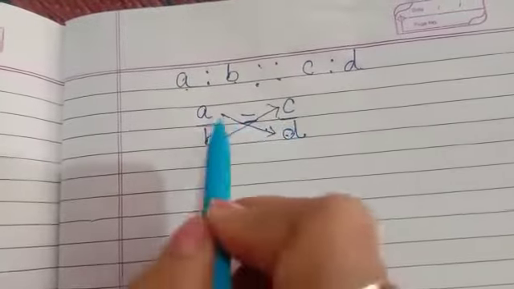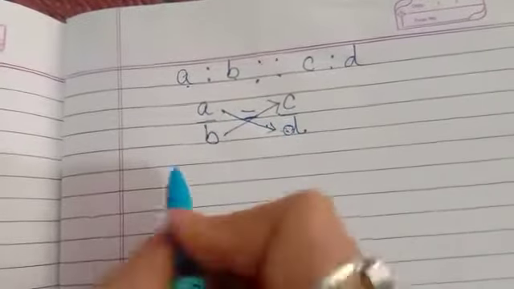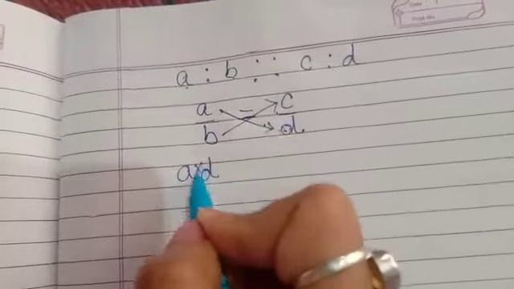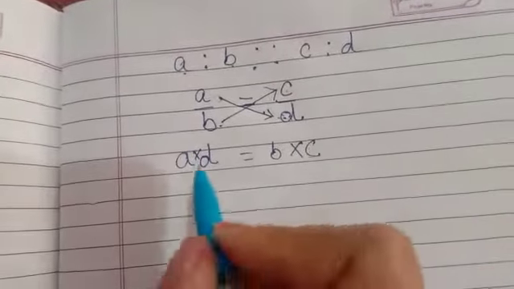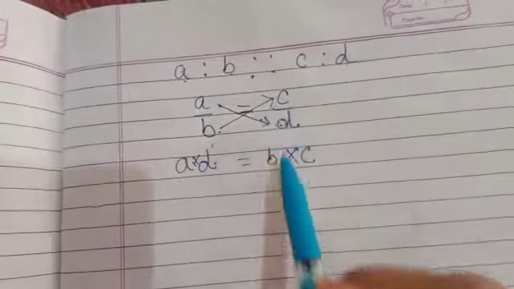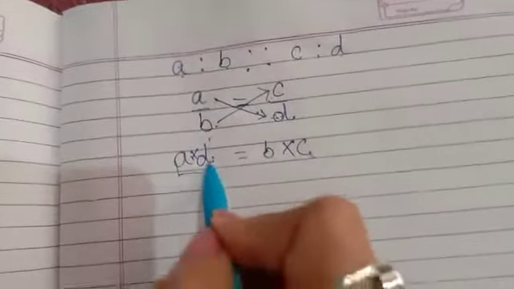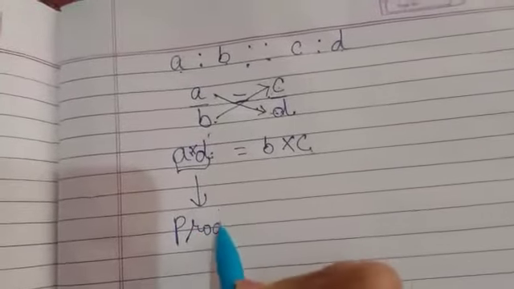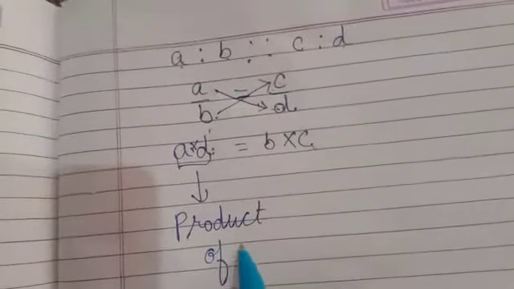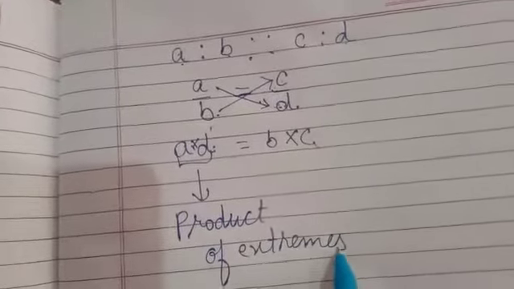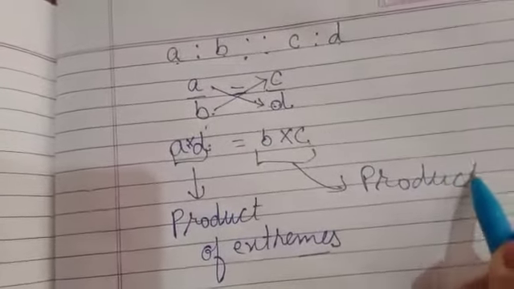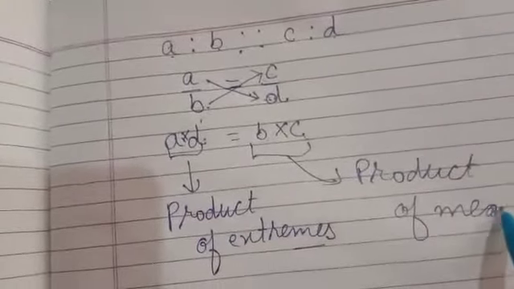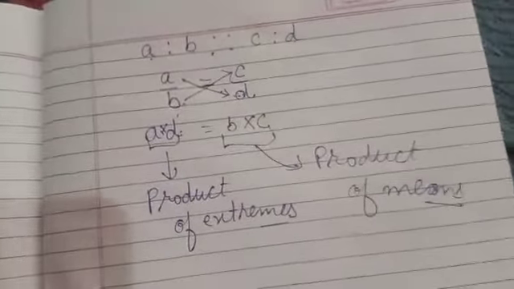A is going toward D, then multiply both these terms. A into D is equal to, multiply these two terms, B into C. From here you can see that A and D are the first and fourth terms, B and C are the middle terms. So these are called product of extremes, and these two are called product of means.